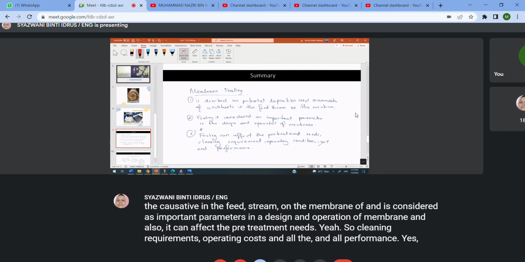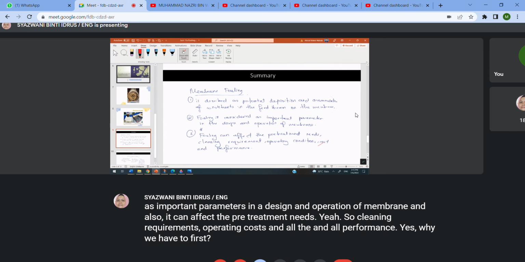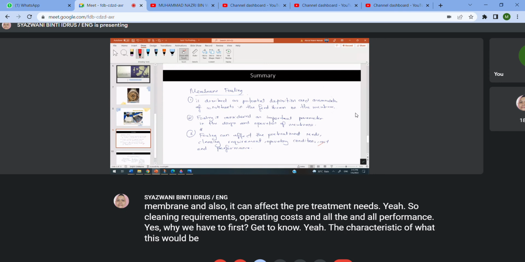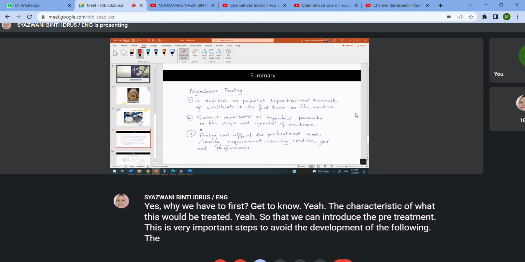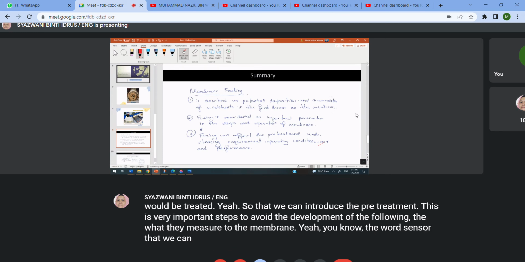So that's why we have to first get to know the characteristics of water or wastewater to be treated, so that we can introduce the pre-treatment. This is a very important step to avoid the development of the fouling, to avoid the damage to the membrane. In other words, so that we can prolong the period before we have to conduct the chemical cleaning.